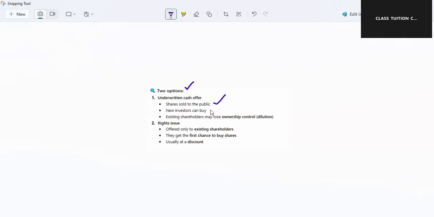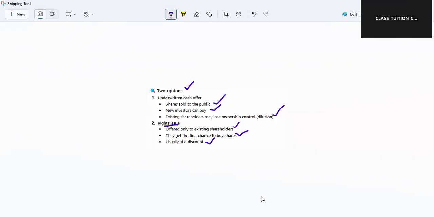Then you are going to have new investors buying. When they buy, the existing owners may not be the absolute owners anymore, as there are new owners, so they will dilute what? The ownership. Then there's the rights issue, where the company says, we are going to offer new shares to the existing shareholders, but you are going to be the first people to buy them, at a discount, not at the normal price.